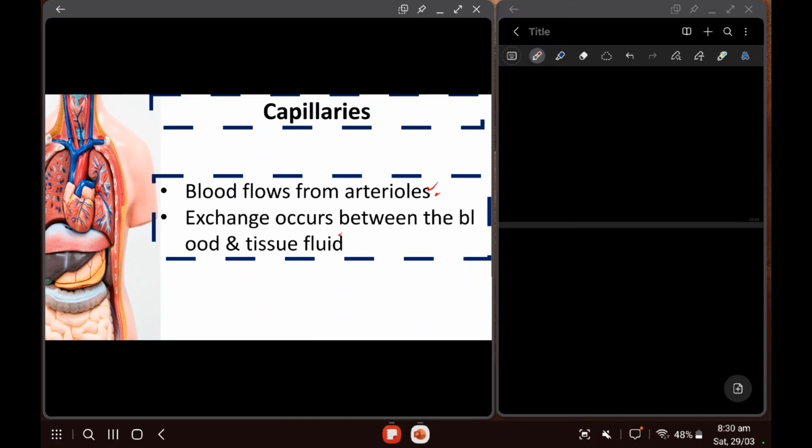So, si capillaries is like small bridge connecting the arterioles to the tiny roads. Parang nagko-connect lang siya. So, dito, sa capillaries, nangyayari yung oxygen and nutrients is nagka-crossover siya from the blood to the tissue. Tapos, meron din, while yung waste product is namumove doon sa ibang blood. So, dyan nagkakaroon ng exchange.